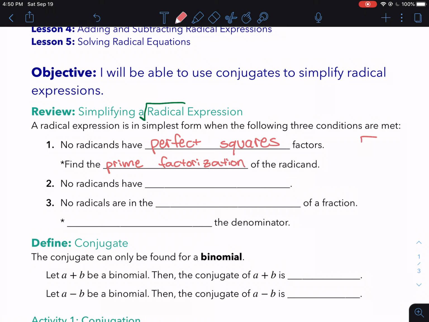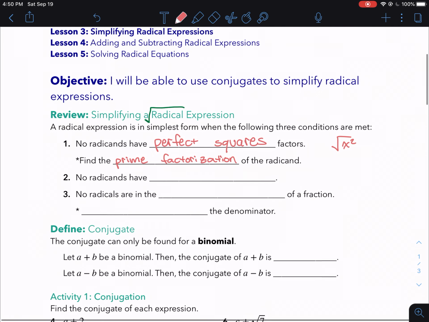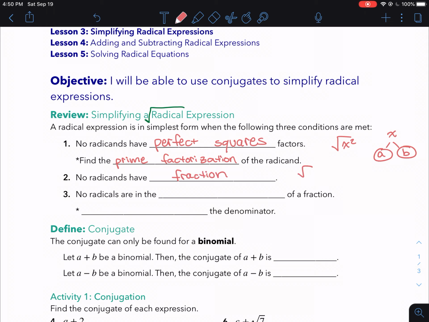So remember, under our radical, we can't have any type of number squared. So we'll take our number and we'll split it into different factors until we know what's inside of it. Also, our radicands cannot have any fractions inside. That's like, you can't have a radical with something in a fraction inside of it.